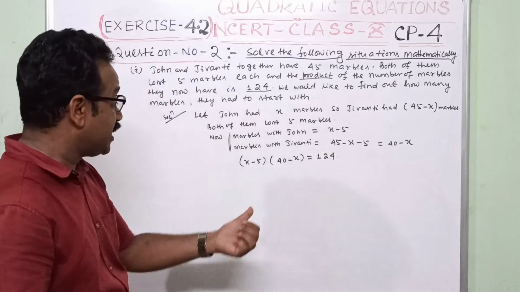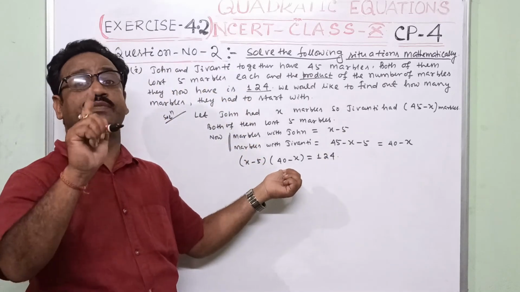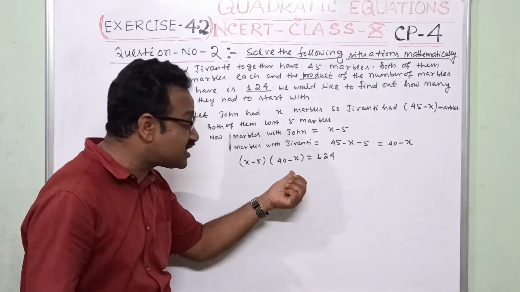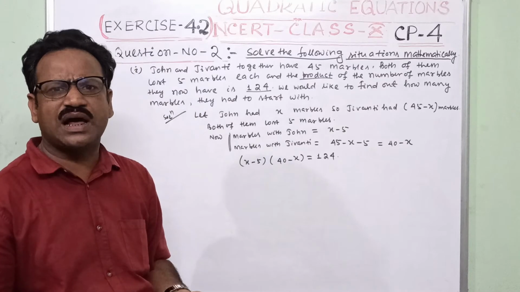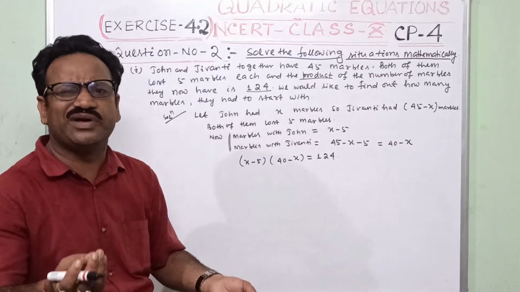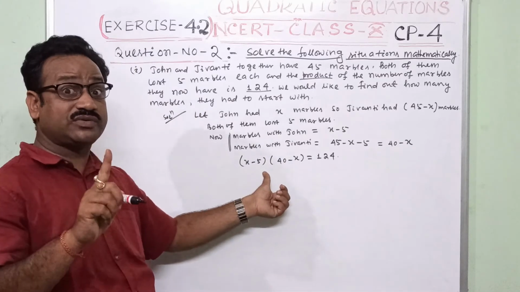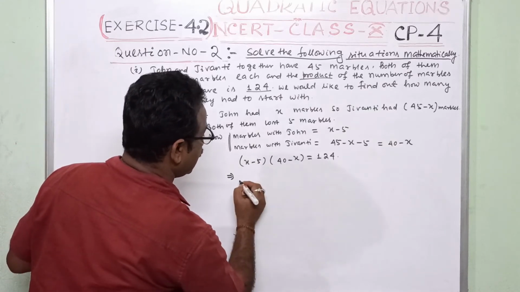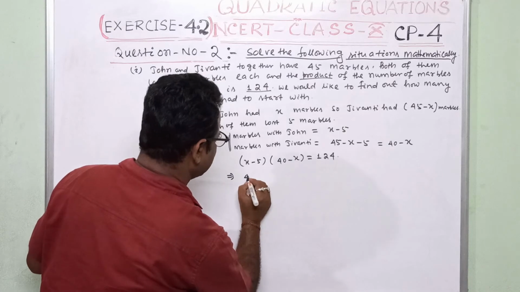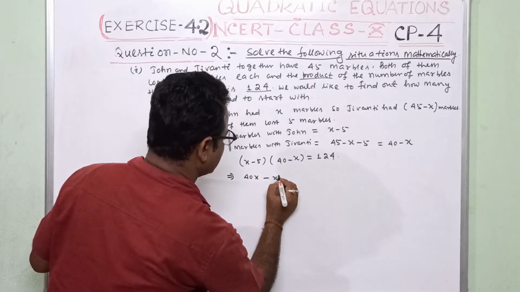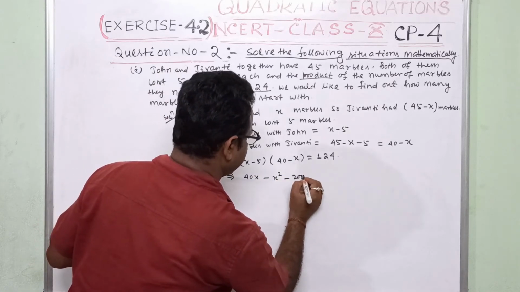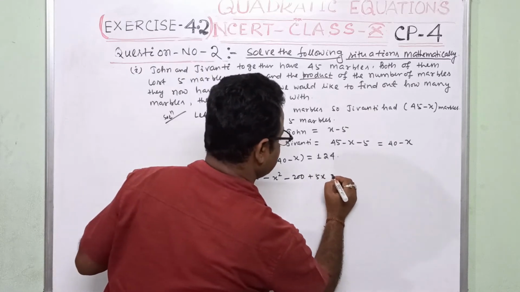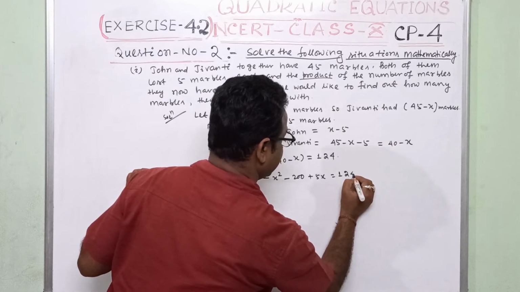Listen carefully. Framing the equation is more important. Solving is also important. But if the equation is wrong, then what is the case of solving? So first try to write the equation correctly. Now that implies 40x minus x square minus 200 plus 5x is equal to 124.